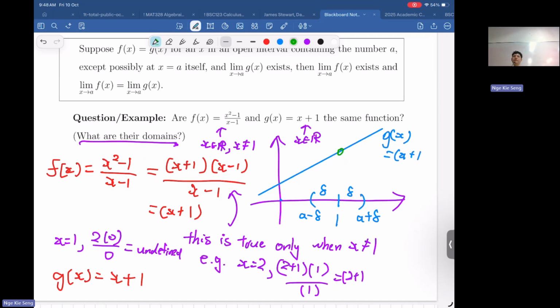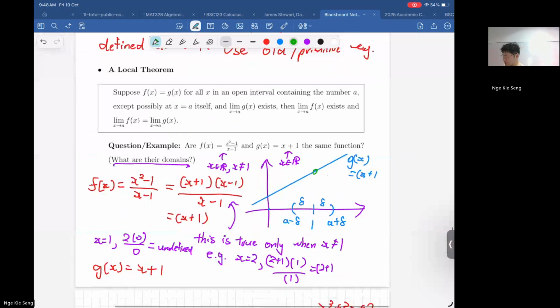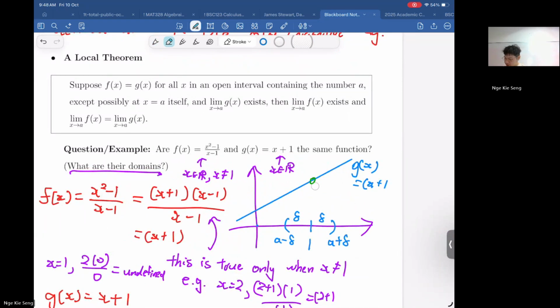You are missing just one point. So f(x) differs only by one point; other places are the same. But does this affect the limit of f(x) or not? No. The exact value at f(1) won't affect how it behaves nearby. It behaves the same as g(x) because it's the same term. Limit doesn't care about the actual value. Make sense?